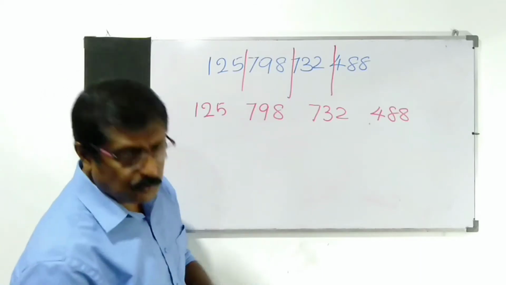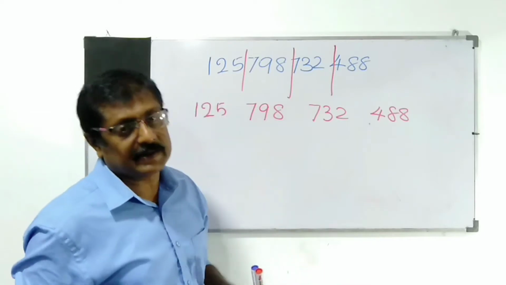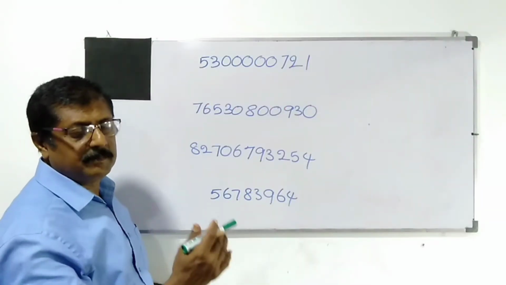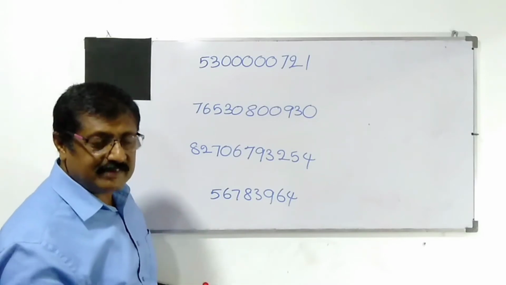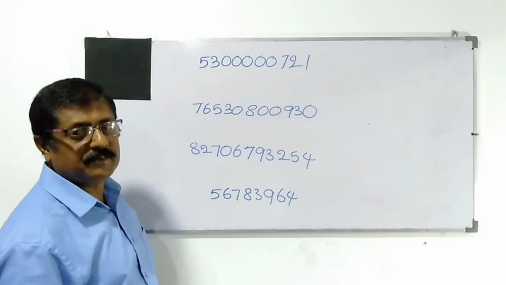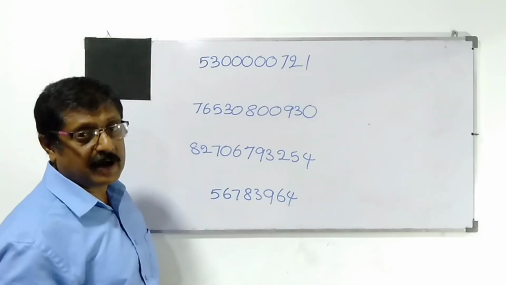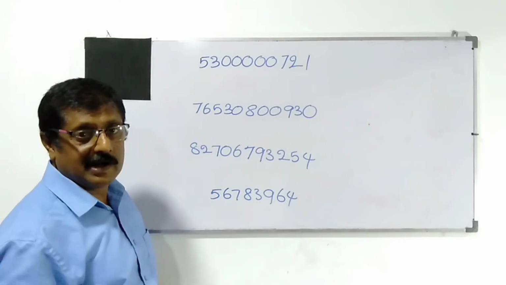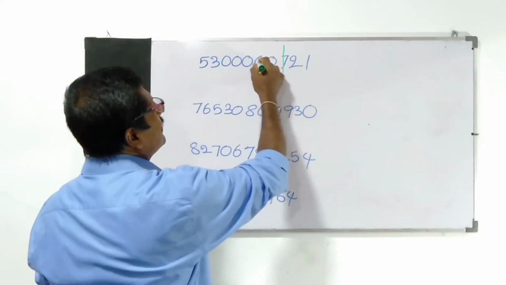Right. Now I will write some more numbers, then we can separate them into zones. Or in other words, let's write these numbers in the standard form. If this type of question comes in your question paper, don't hesitate to take your pencil and draw lines like this.